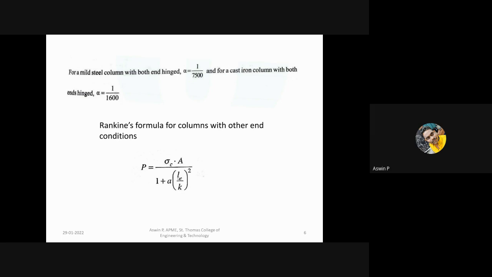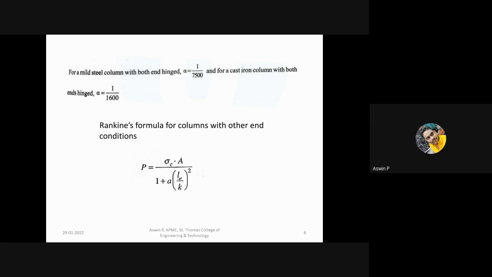Both ends hinged means LE will become L. If both ends fixed, LE will become L by 2, and if one end fixed and the other end free, LE will become 2 into L. And finally, if one end fixed and the other end hinged, in such case LE is equal to L by root 2. These are the four conditions, and whenever we are solving a problem, we need to check what is given in the problem. According to that, we need to derive this equation.